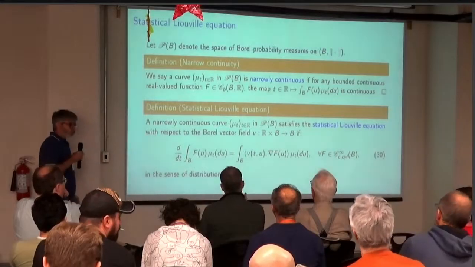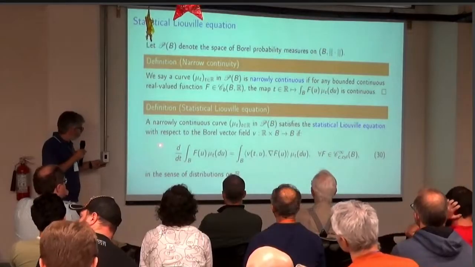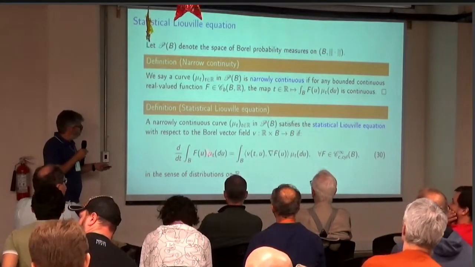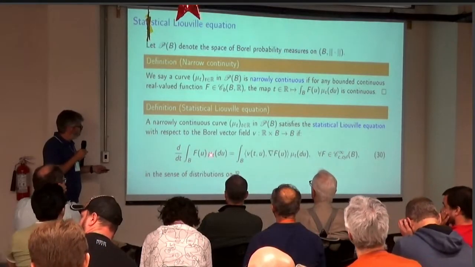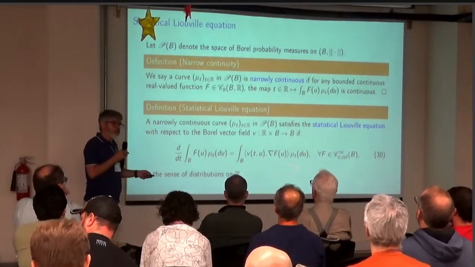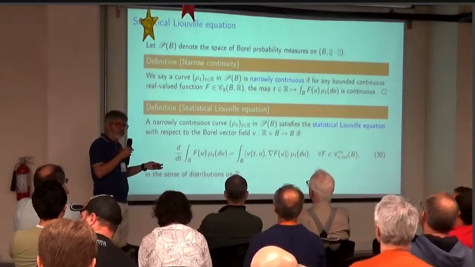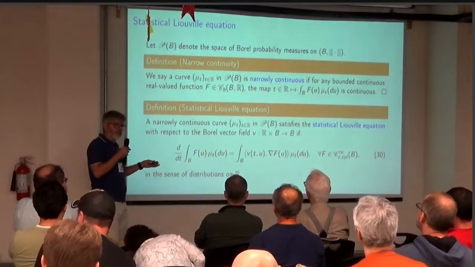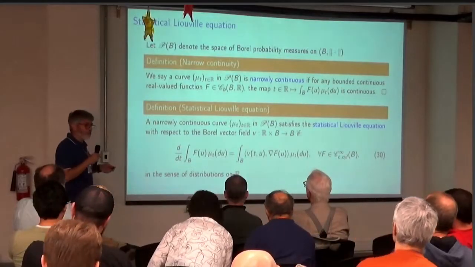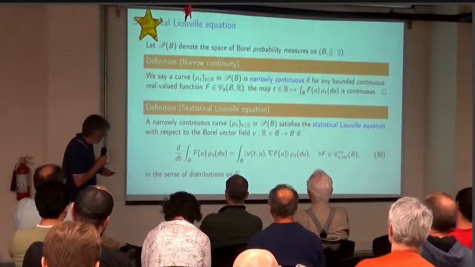This will be the key ingredient for us: that there exists a global-in-time measure mu_t that satisfies these equations, which in practice, on examples, is very easy to solve. Please ask questions if it's not clear.